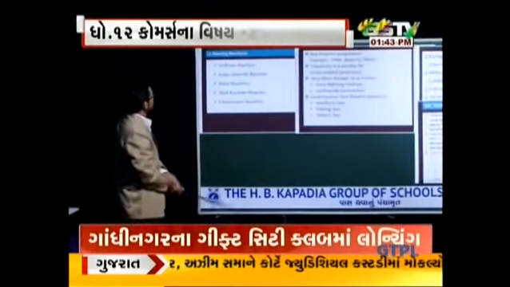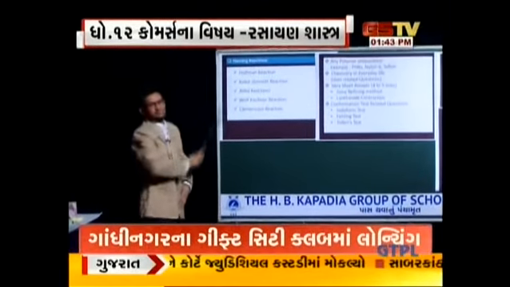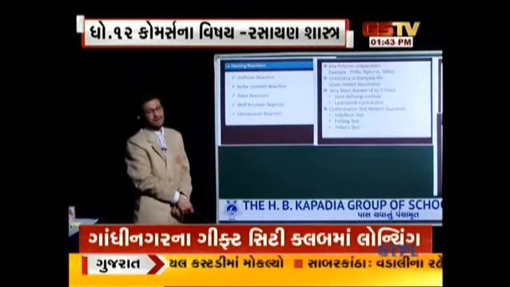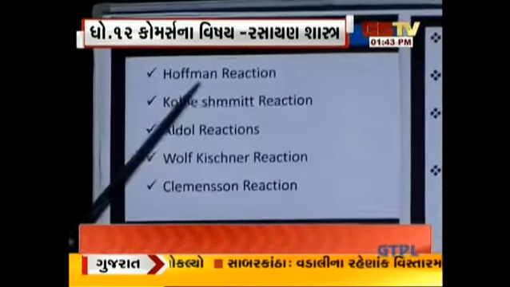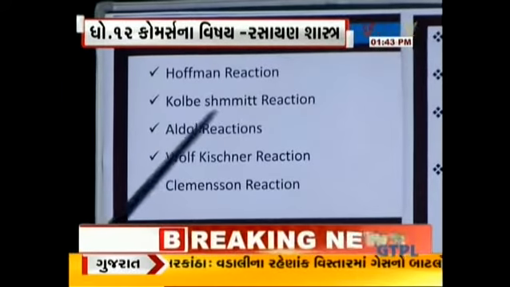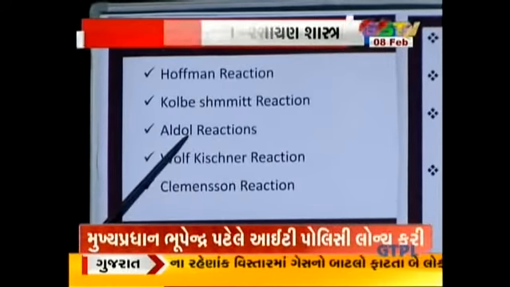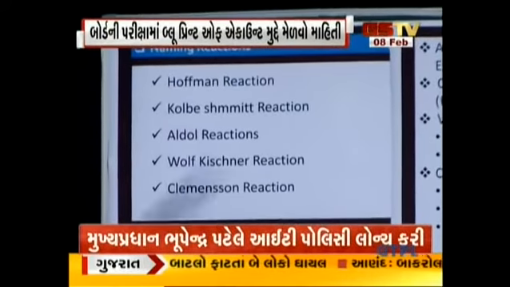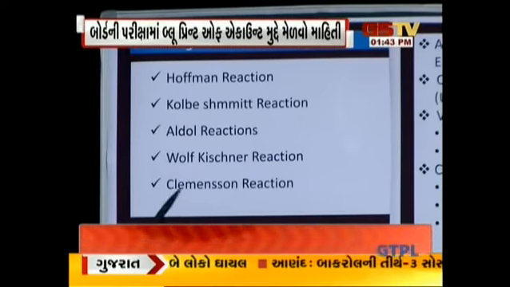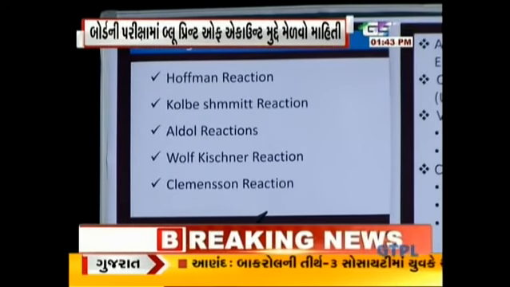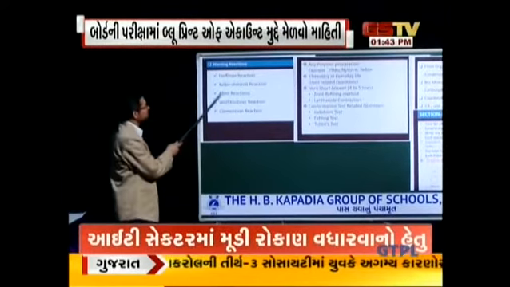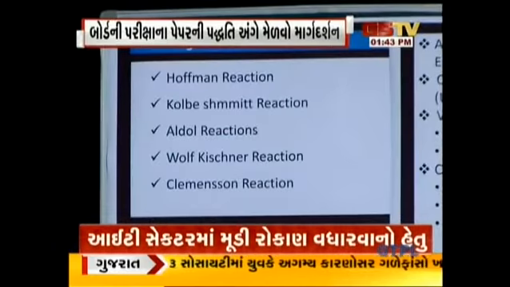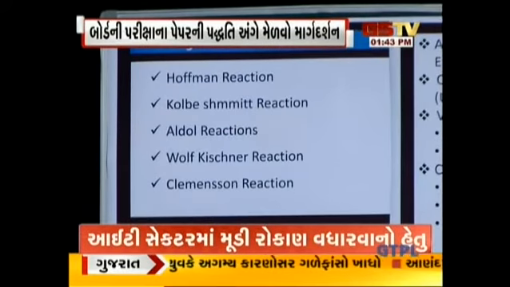Another point is naming reactions. Naming reactions are very important, like Hoffmann reaction, Kolbe-Schmidt reaction, Aldol reaction, Wolff-Kishner reaction, Clemmensen reaction, Hoffmann bromamide reaction. These reactions can be asked because these all are naming reactions.